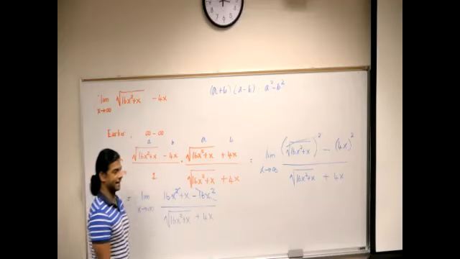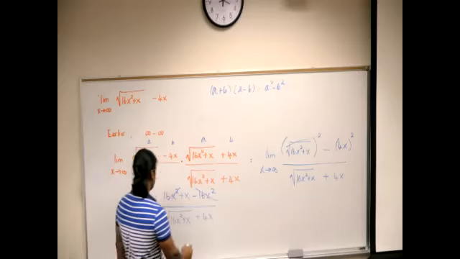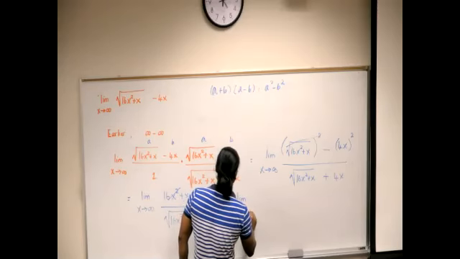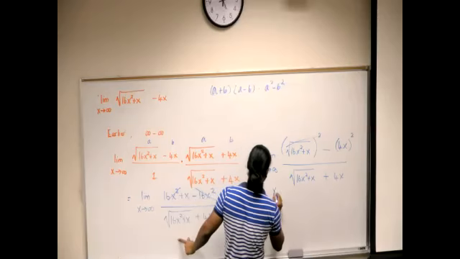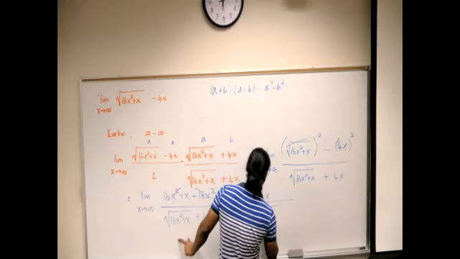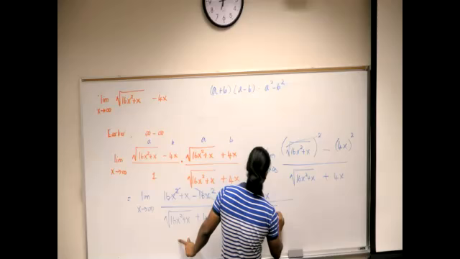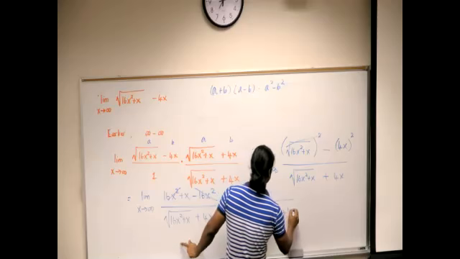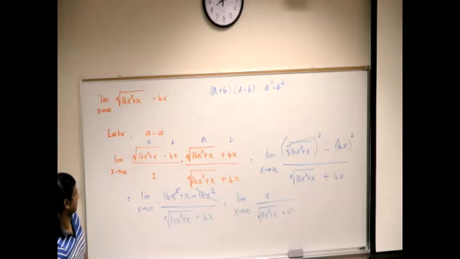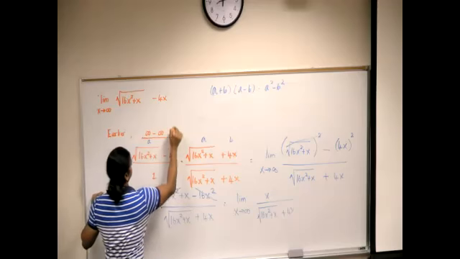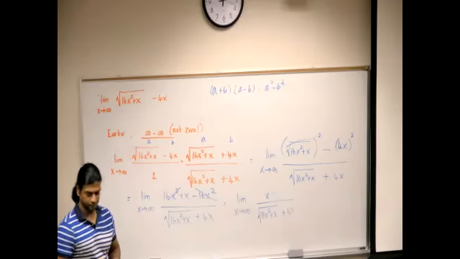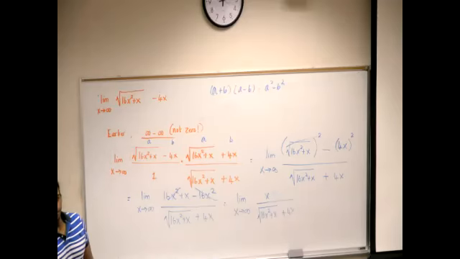Those two will get cancelled, yes. And we will end up having x divided by square root of 16x squared plus x plus 4x. Good.